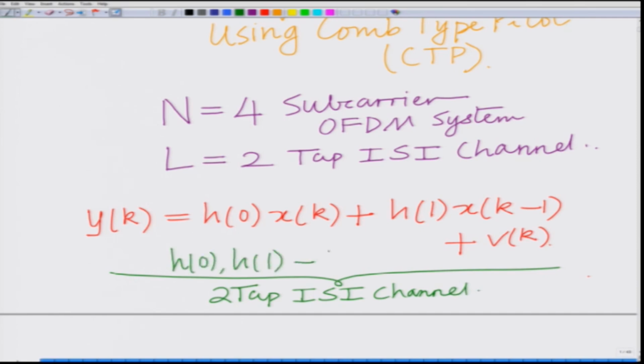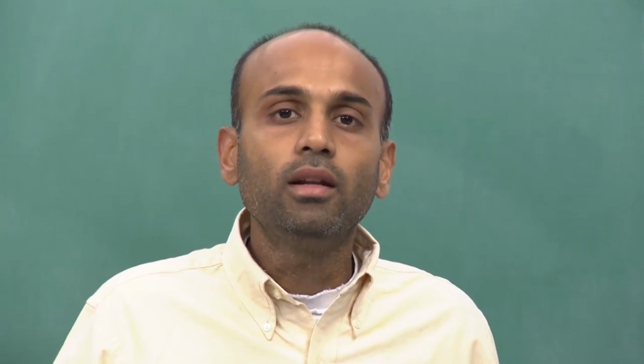H0, H1, these are your L equal to 2 channel taps. Xk is the current symbol, again something we have already seen. Xk minus 1 is the previous transmitted symbol, and that is what we said. OFDM, that is orthogonal frequency division multiplexing, basically overcomes the inter-symbol interference.